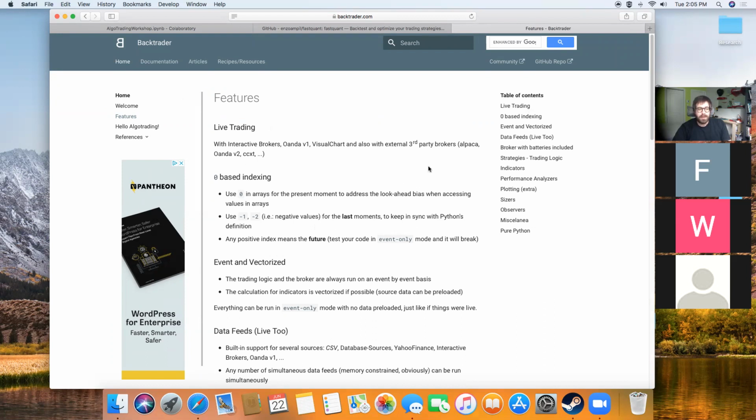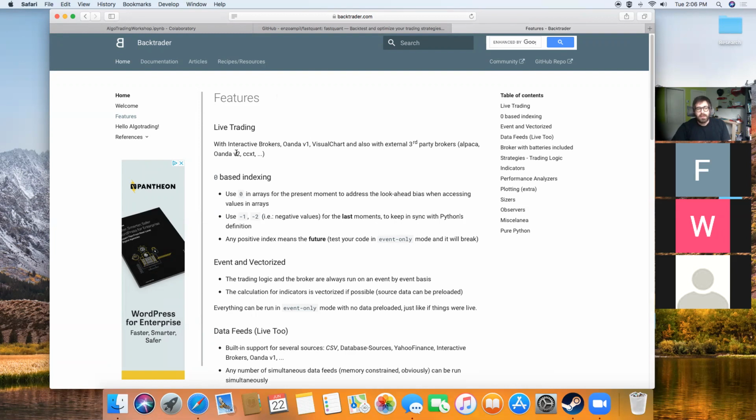With Zipline, because it's event-based, every timestamp passes until you make the decision for the next, so you're going by events. In a vectorized one, you're processing the whole vector as data, and then you are passing it through the backtesting. So you basically get the same exact results. It's just a difference in how it works.